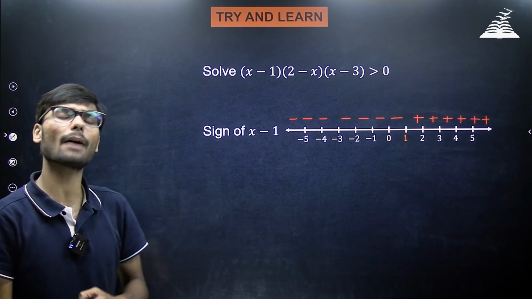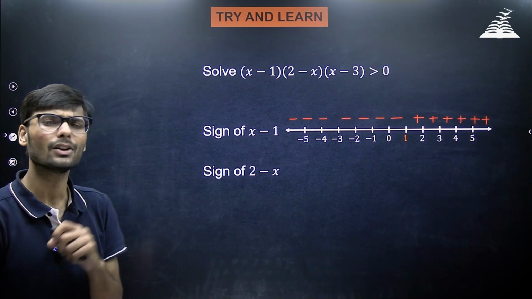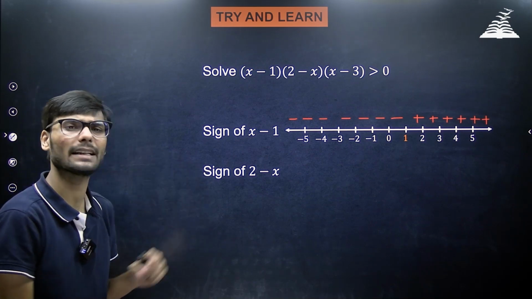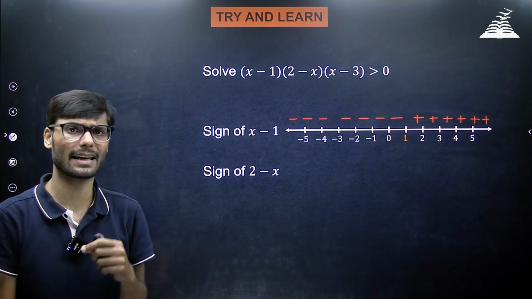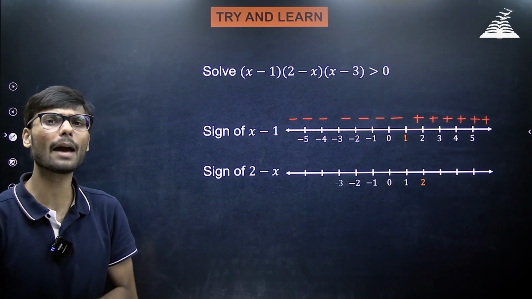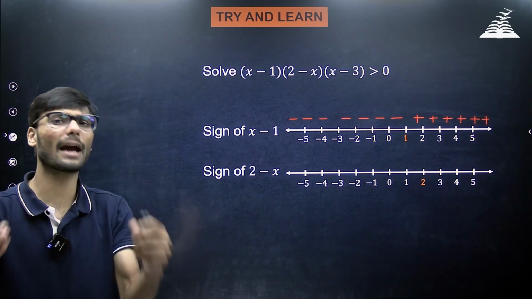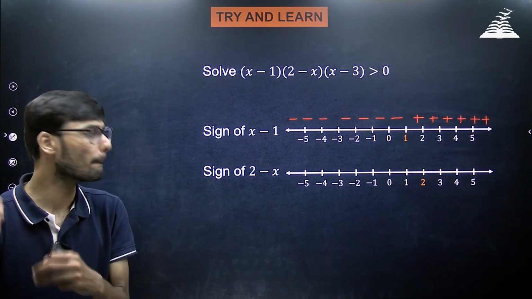Now the next one, I'm going to plot the sign of 2 minus x. Here you should notice that it's not x minus 2, it's written as 2 minus x. If you pick a number bigger than 2, what will happen? It will be negative. 2 minus 2.5 is minus 0.5, 2 minus 3 is minus 1.